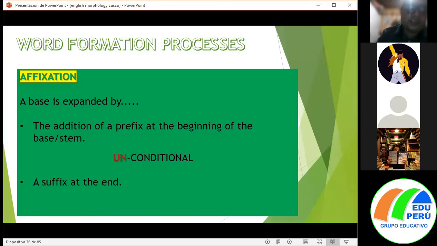Or a suffix at the end, happy, happiness. So this is called affixation. And this is one process where we use affixes, prefixes and suffixes. And we talked about the different kinds, derivational suffixes or prefixes and inflectional suffixes.